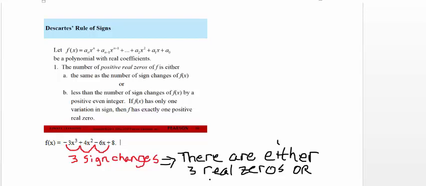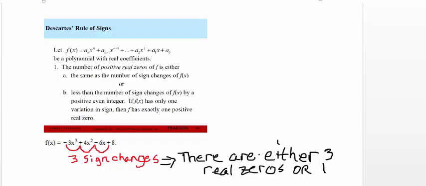So we would subtract 2 from 3. 2 is the positive even integer that's smaller than 3. So we would subtract that from 3 and we would get 1. So there's either 3 positive real zeros or 1 positive real zero.